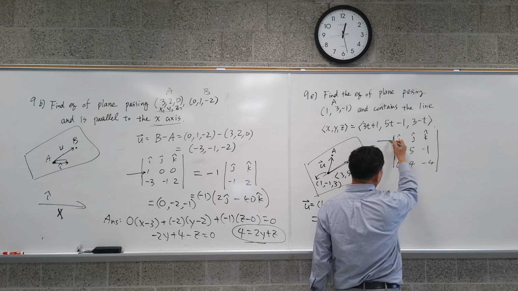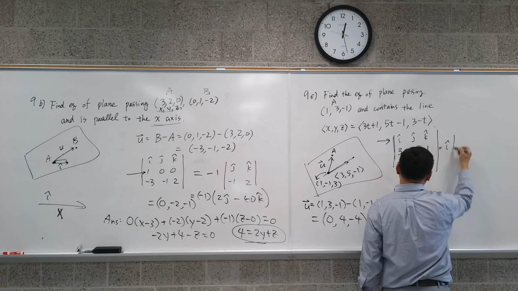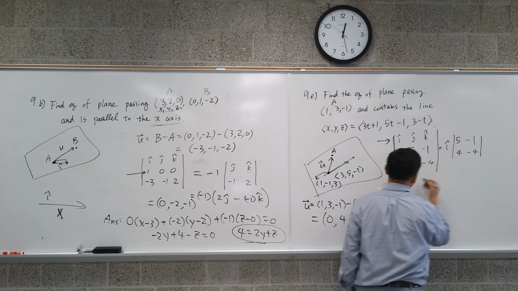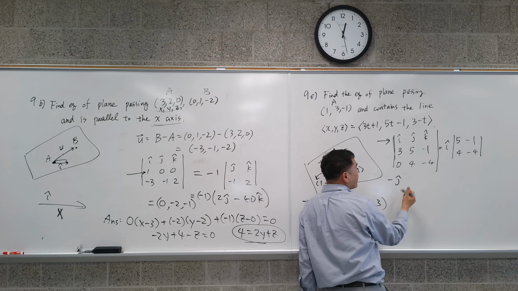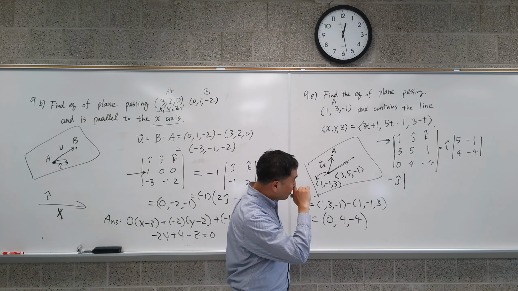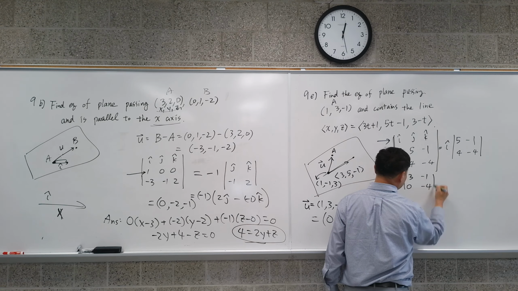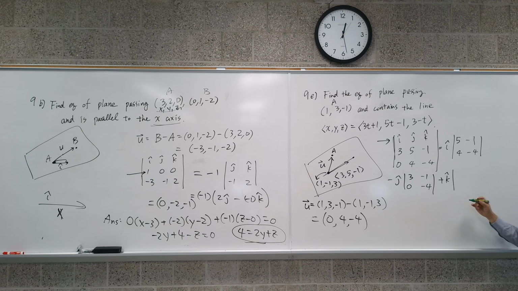Okay, and then we can expand in terms of i, so it'll be i times the determinant 5, -1, 4, -4, minus j, minus because of the checkerboard of the signs, right? And then you have 3, -1, 0, -4, and then plus k, it'll be 3, 5, 0, 4.